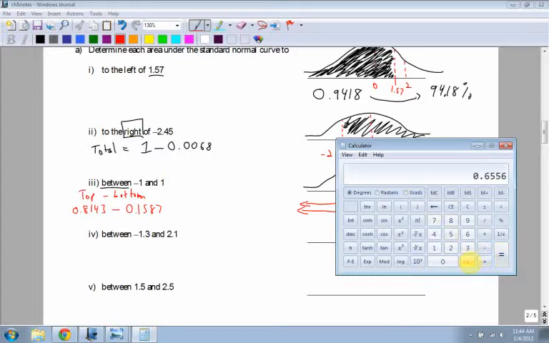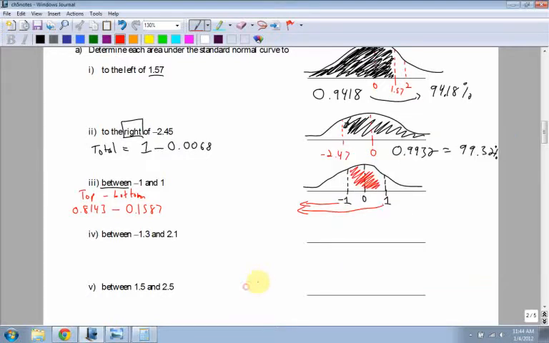I get an area of 0.6826, which is equal to 68.26%. Okay, so 68.26% of the data lies between -1 and +1. Okay, and that's just using the Z tables and subtracting off the top minus the bottom.